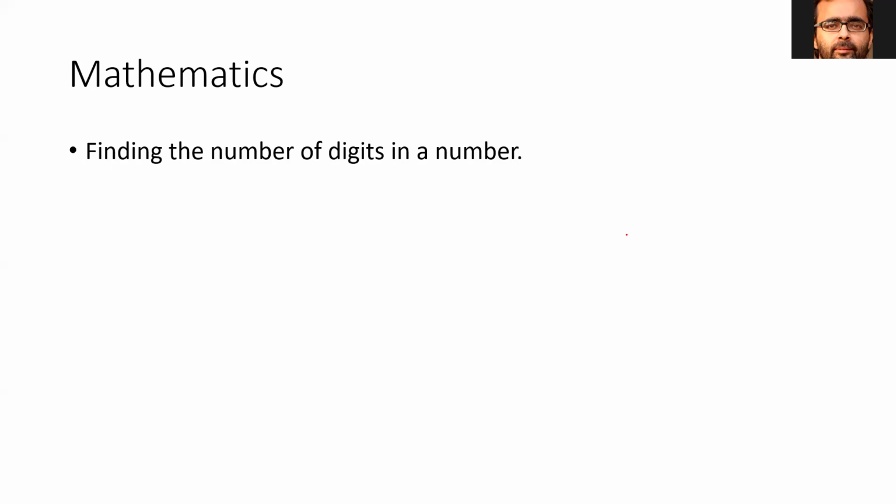So first, we started with finding the number of digits in a number. For example, if you are given 1 2 3, how you can see how many digits are there? It is 3. Or if you are given 1 2 3 4, then we can say 4 digits exist here, right? So, simpler.